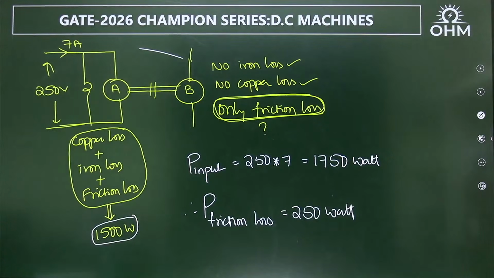Out of that, iron loss we just calculated is 500, friction loss is 250, that is 750. Out of 1500, 750 is the rotational loss. That means what is the shunt field copper loss? Remaining 750 is the shunt field copper loss.